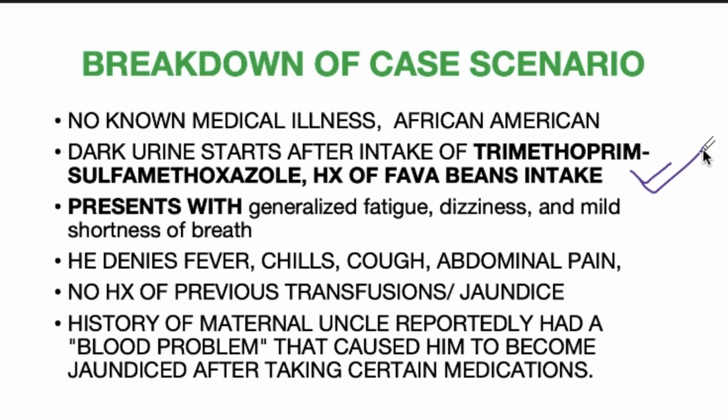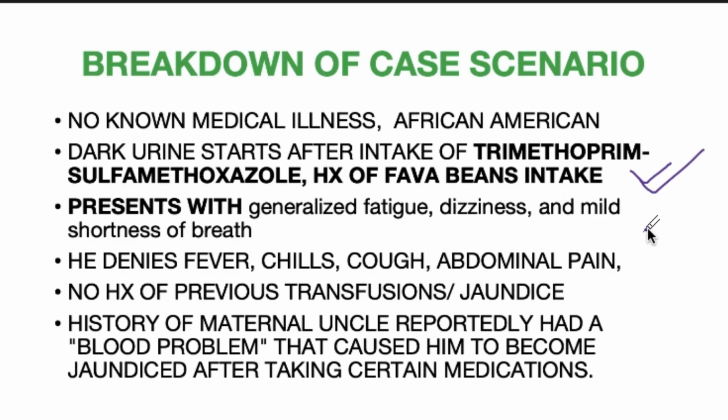Again, Paul also indicates that he had taken fava beans at a family gathering about 4 days ago. So could this dark urine production be a synergistic combination of the trimethoprim sulfamethoxazole and the fava beans, triggering a hemolytic episode in a suspected male patient, in this case Paul?